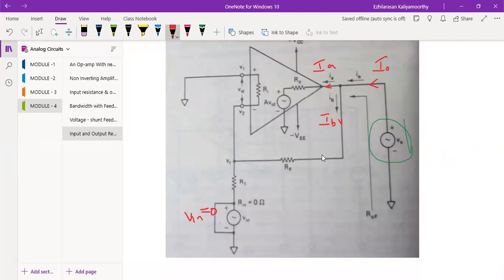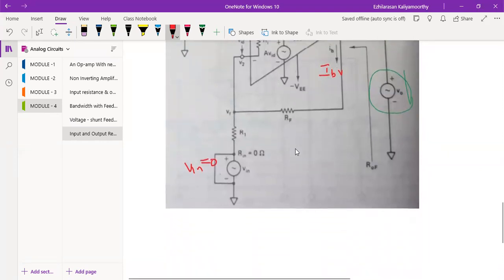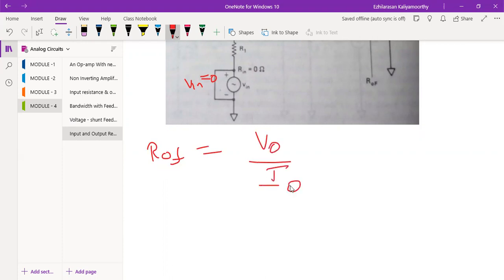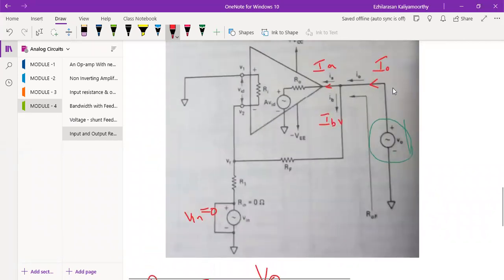Okay, so now what we'll do from this, as we know, what is R naught F from the output side? R naught F is equal to V naught by I naught. This we know clearly, right? So V naught by I naught, that is R naught F. So now we need to calculate the resultant current, the I naught.